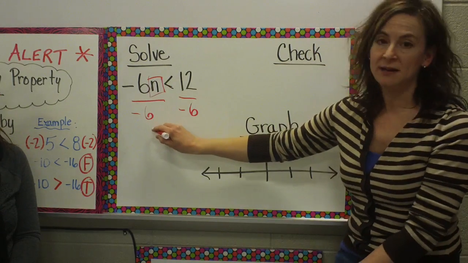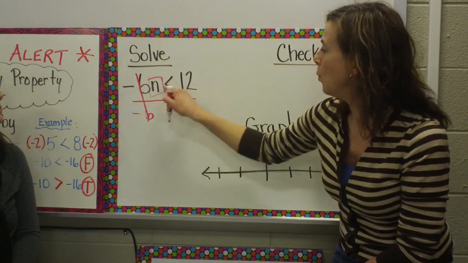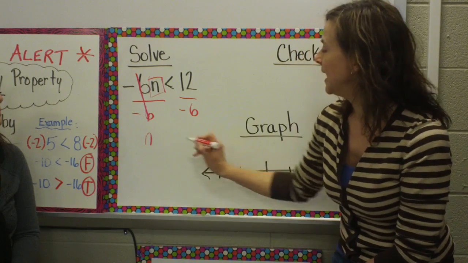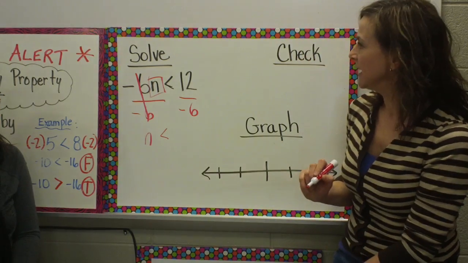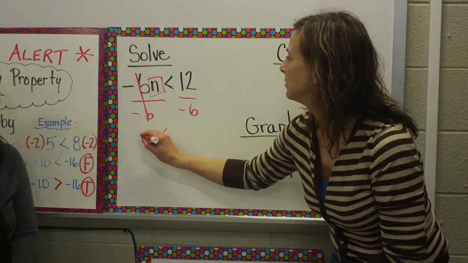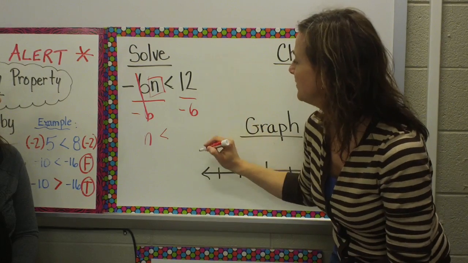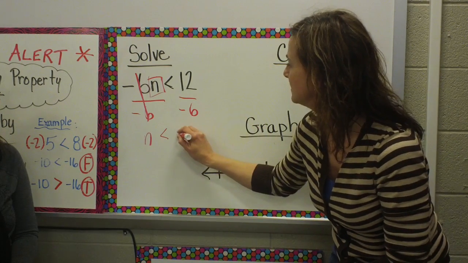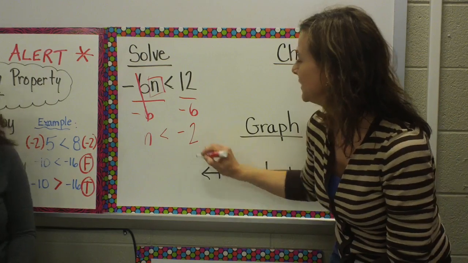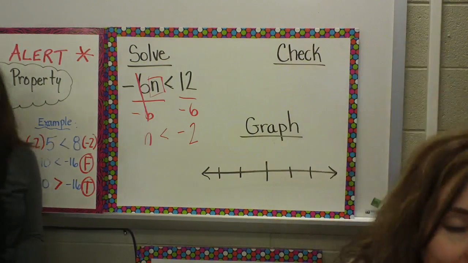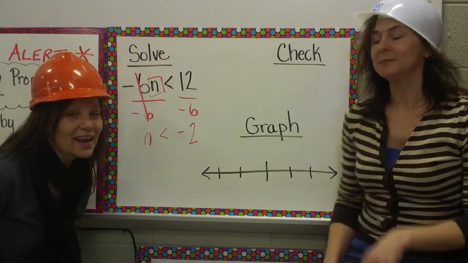Negative 6 divided by negative 6 is 1, so 1n is remaining. Bring down my inequality sign. 12 divided by a negative 6 is negative 2. Now, red alert! Red alert!